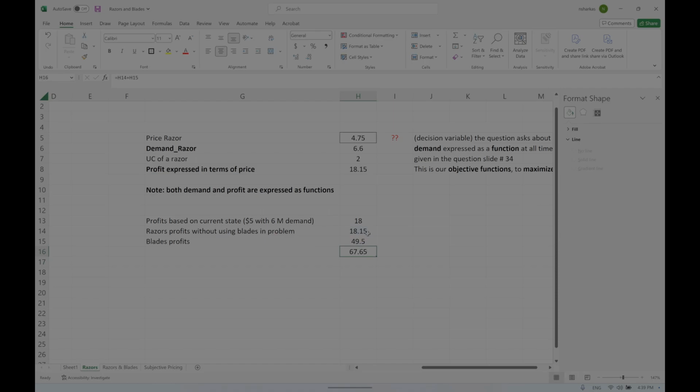So how about here also? We didn't talk about this. How about blades profits? Blades profits is going to be exactly the same here, but instead of this demand, it's going to be 6 as a demand, right?